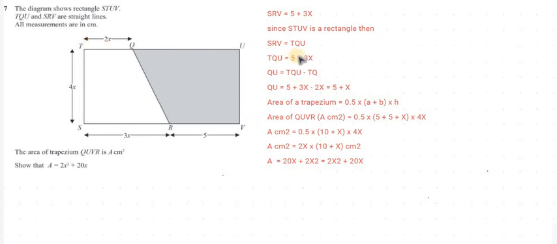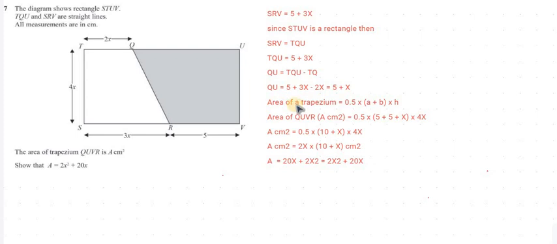That means TXU has a length of 5 plus 3x as well. But we need to know the length of QU. And the length of QU is going to be the length of TQU minus TQ, which is 5 plus 3x, the length of the whole thing, minus this length, 2x. 5 plus 3x minus 2x for QU, that's 5 plus x.